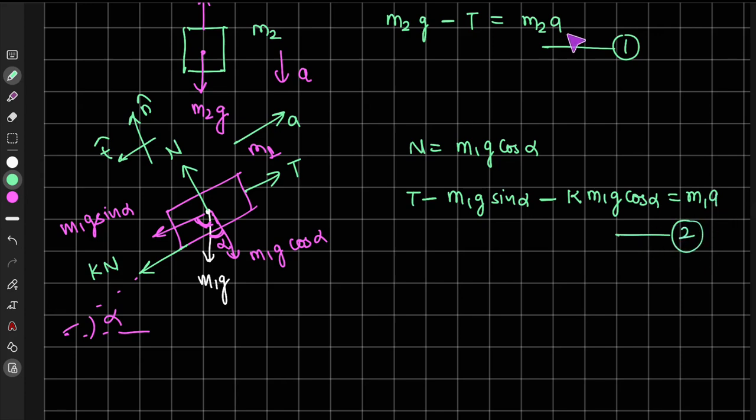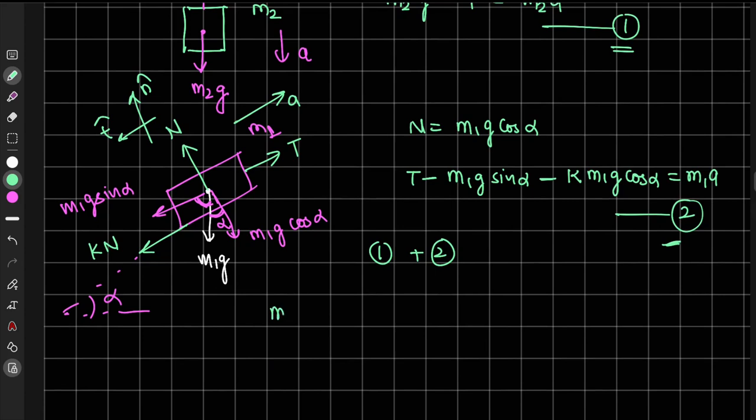Now in order to find the value of a, we have to eliminate T from both the expressions 1 and 2. So let us add equation 1 and 2. So from here we will get m2g minus m1g sin alpha minus k times m1g cos alpha is equal to (m1 plus m2) into a.